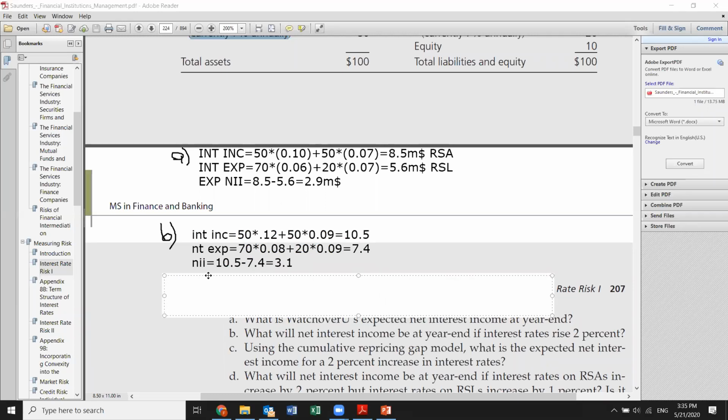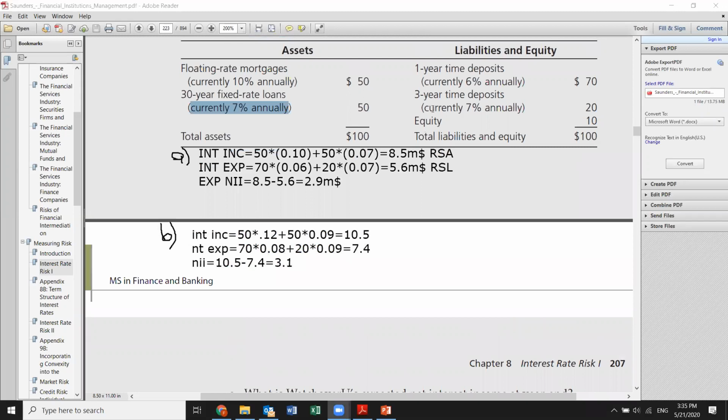How we do the cumulative gap model, who can remind me? Here's the table, balance sheet. Net interest income equals to, first, we need to find the gap.